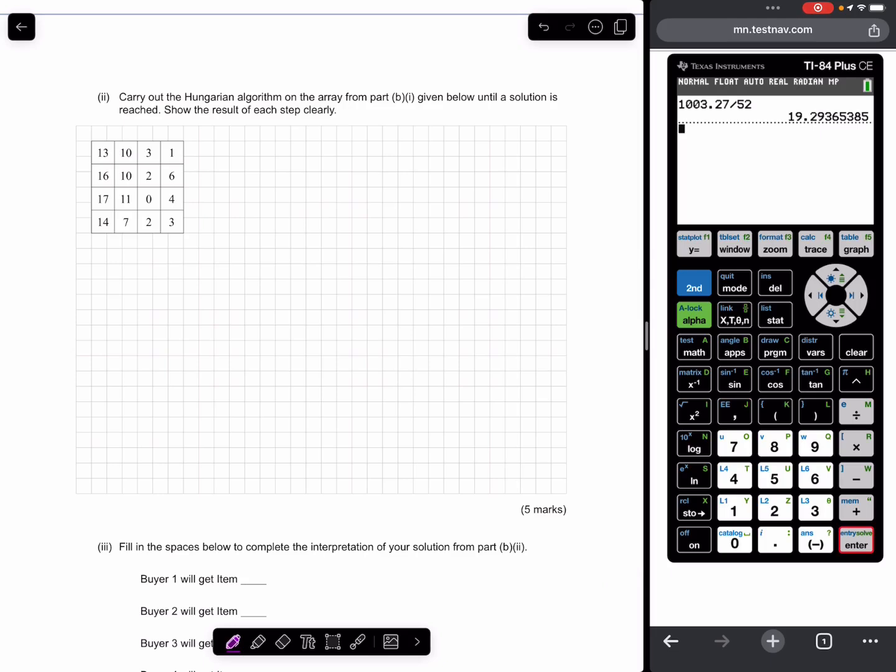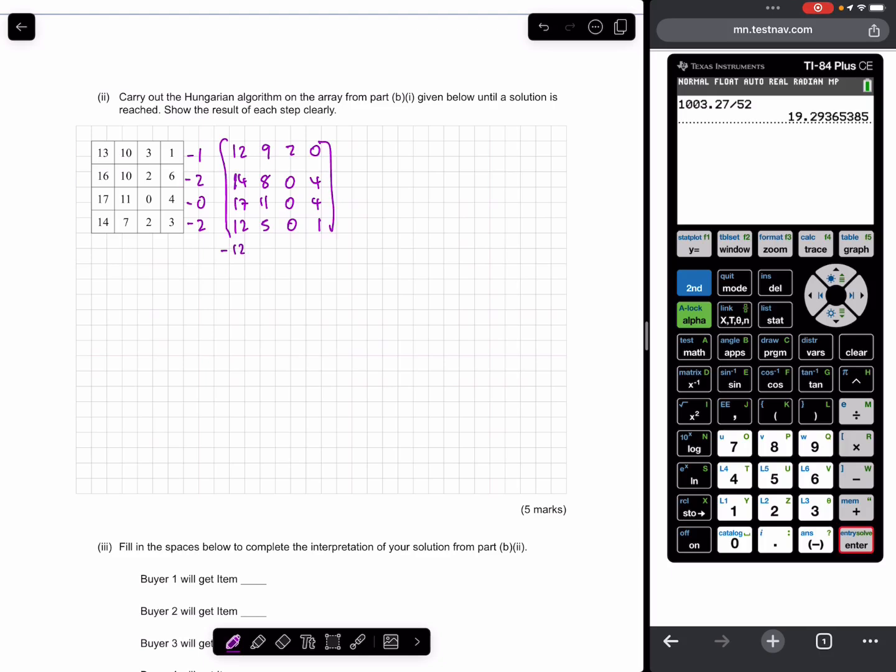Show the result. Smallest number in the row, 1. Smallest number, 2. Smallest number, 0. Smallest number, 2. Now the matrix is 12, 9, 2, 0, 14, 8, 0, 4, 17, 11, 0, 4, 12, 5, 0, 1.